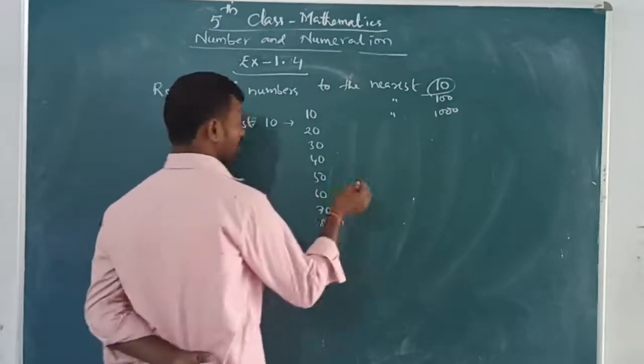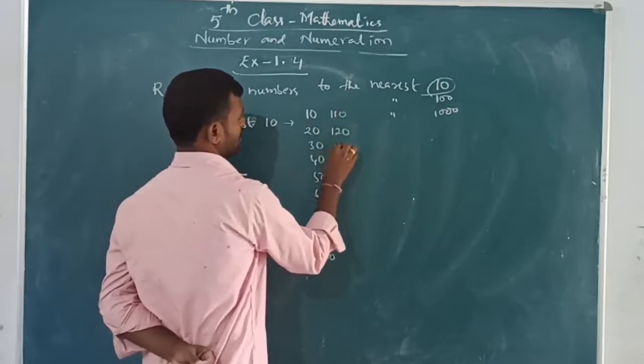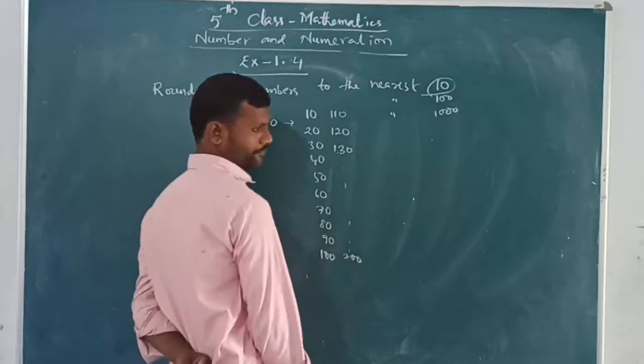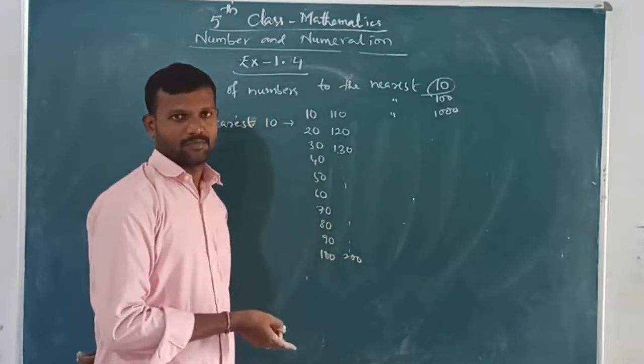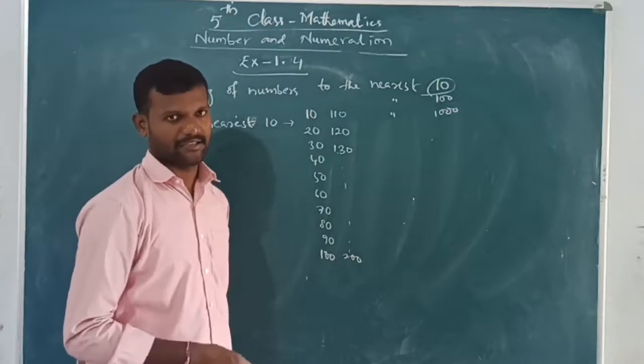Then more than 100 means 110, 120, 130, up to 200. Next, more than 200 means 210, 220, 230, like that.